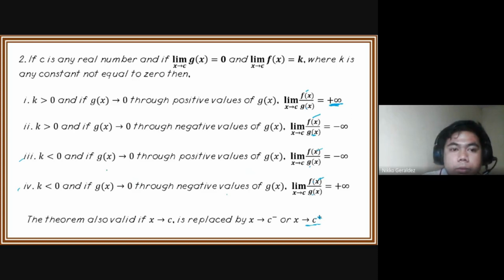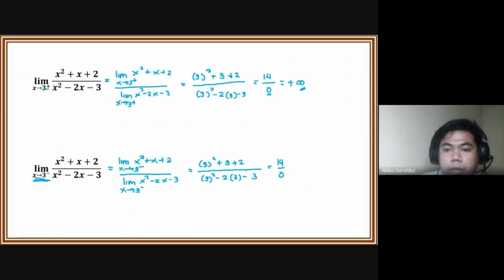That is case 2: k is greater than 0, g of x approaches 0 through negative values, and the limit is negative infinity. So 14 over 0 is negative infinity. The limit of the function as x approaches 3 from the left is negative infinity.